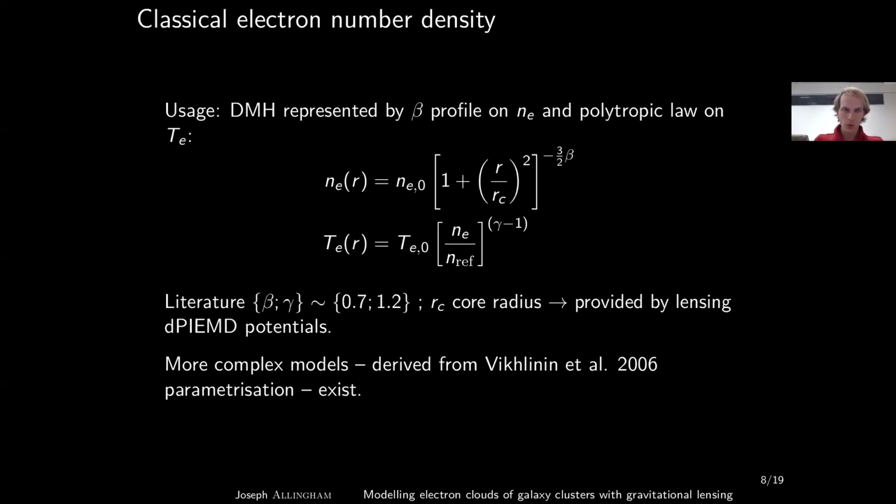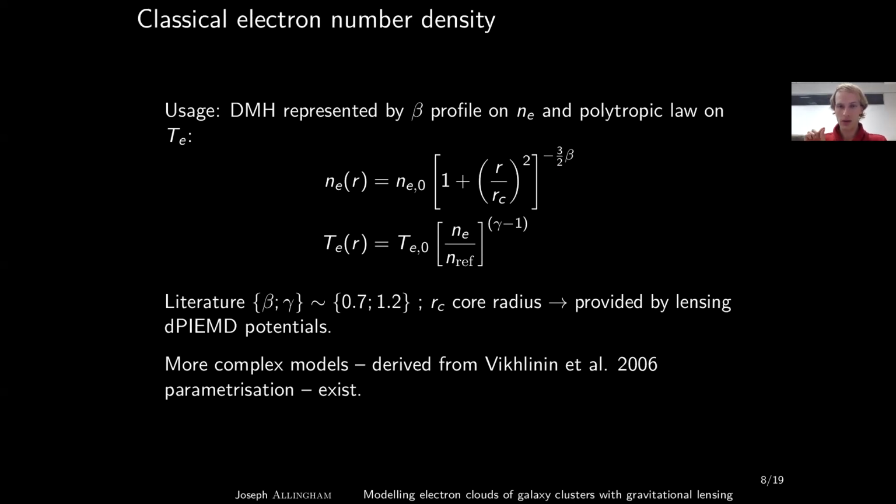So what people usually do is they use these classical, so to say, profiles, the beta profile for the electron density, and the polytropic law for the temperature of the electrons. So in the literature, there are tabulated measurements of beta and gamma, but these can vary a bit. However, as a baseline, we could take these values.